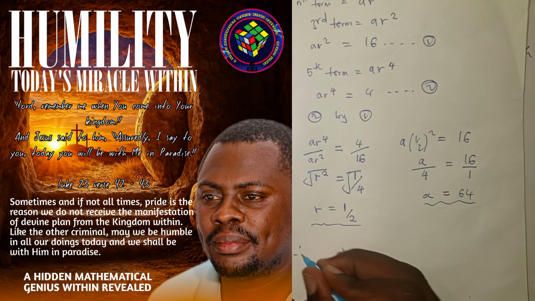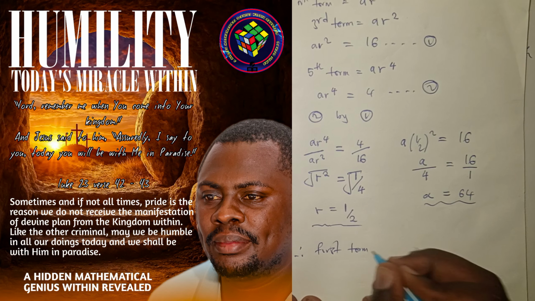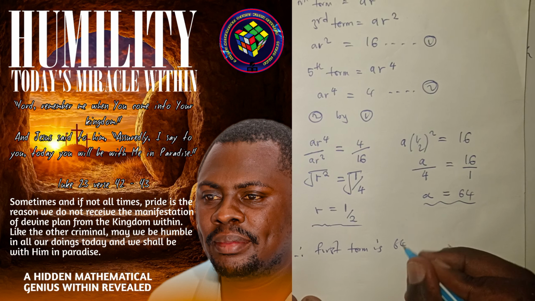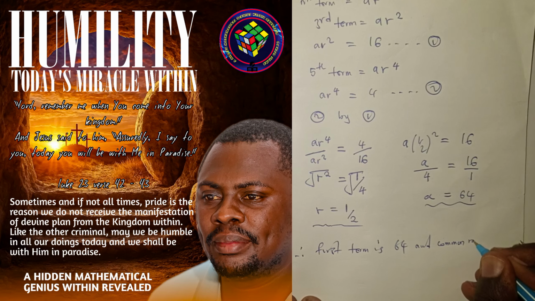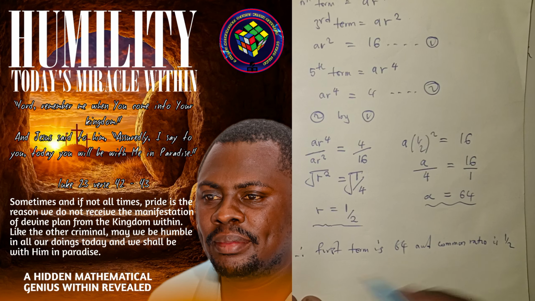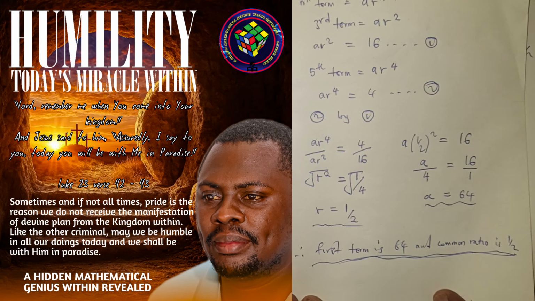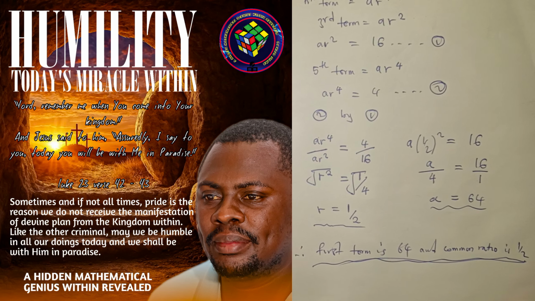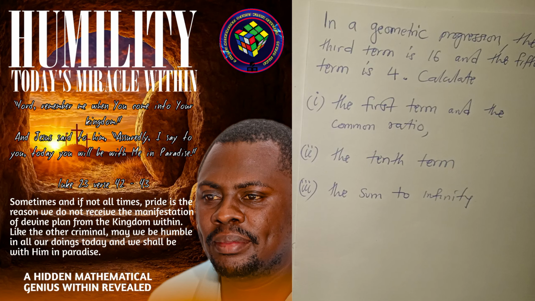Therefore, our first term is 64 and the common ratio is 1 over 2. So we have answered the first question. Okay, we go to the next one.